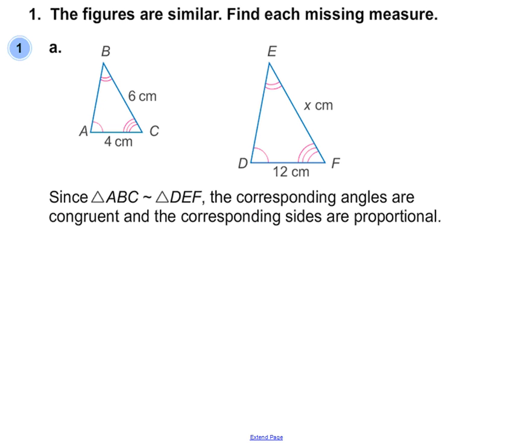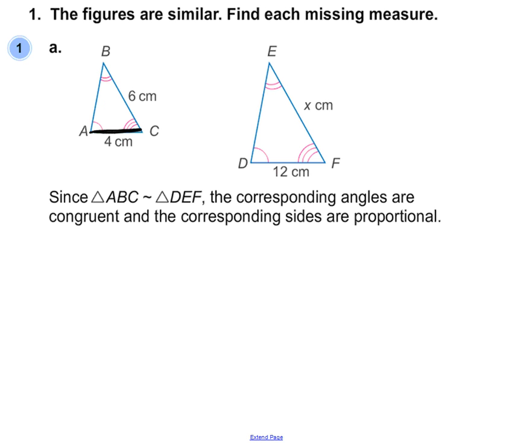So here's my first example. These figures are similar, and find each missing measure. So since ABC is similar to DEF, the corresponding angles are congruent and the corresponding sides are proportional. So what we're going to have to do is set up proportions of corresponding sides.